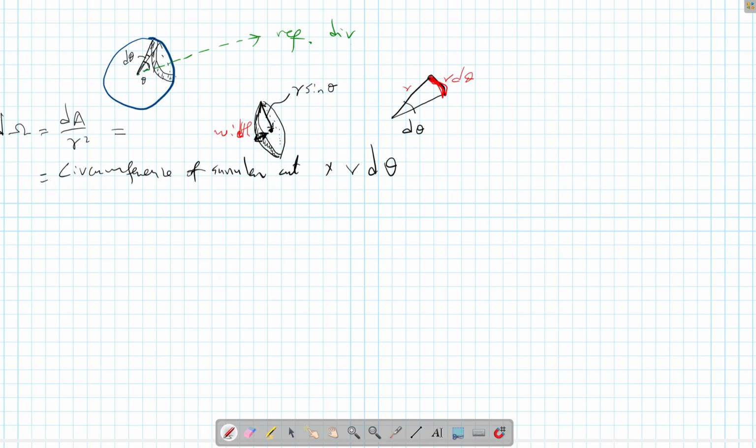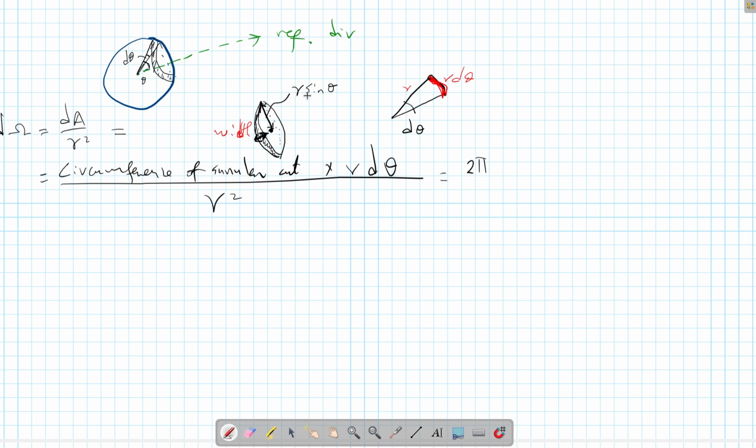And if we can compute that, we need to divide by r squared. And so the circumference is going to be equal to 2 pi times radius.